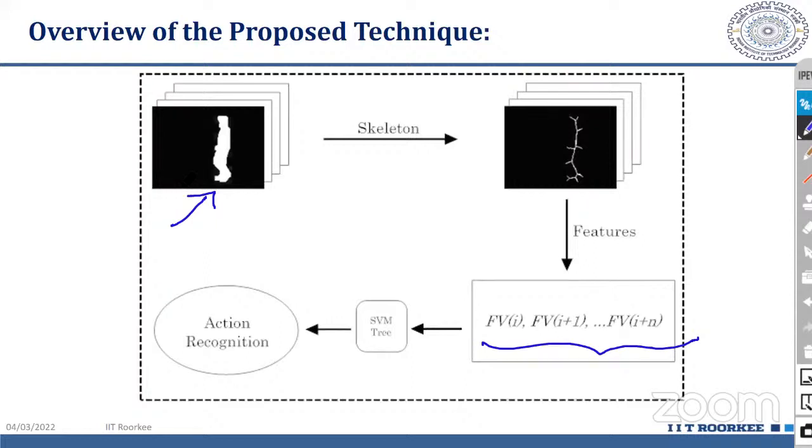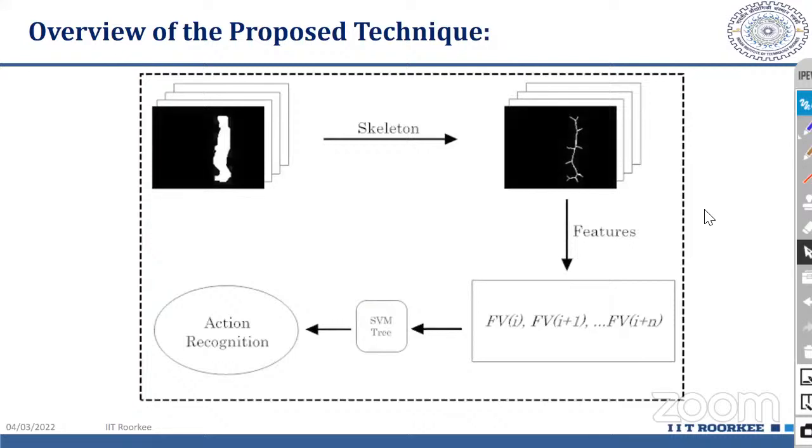So now I have to match it with the feature vectors that I obtained during training. For this, you require a classification algorithm, let us say here SVM, tree or LDA, or a neural network. So from this classification algorithm, you can find out the action. That will be recognizing the action. So this is called the action recognition problem. So this is the overview of the proposed approach or proposed algorithm.